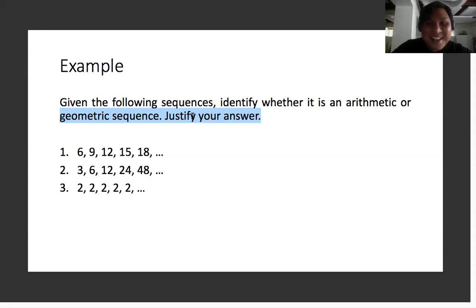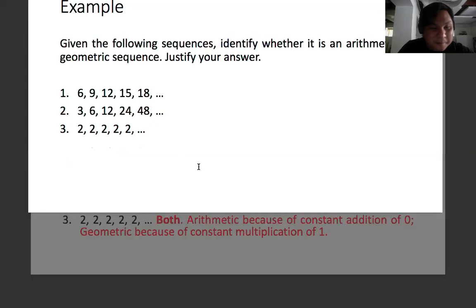Okay, I think that is enough time to pause the video, try and figure out the answers by yourselves, and then unpause the video to check the answers. So here we go. This time for the big reveal.